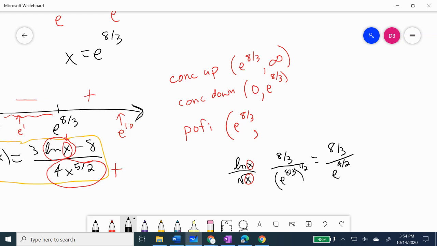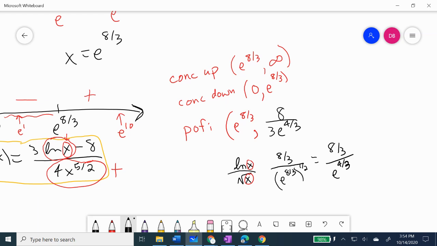So the y value is 8 over 3 times e to the 4 thirds power.